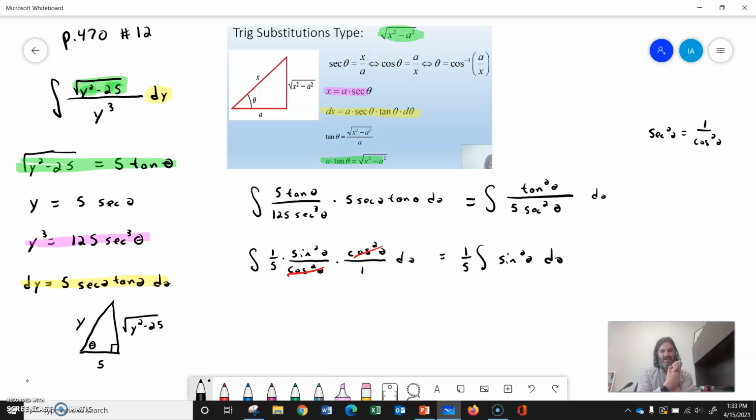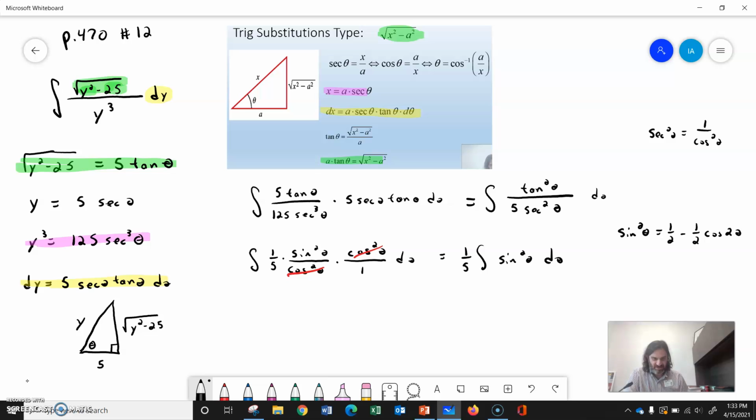Now this is where we have to go back to our trig powers. So we turned this into a trig problem, but now that we look at it, it goes back to a trig power problem. So remember that if we want to change a sine squared, that changes to 1/2 minus 1/2 cosine of 2 theta, if I'm not mistaken.